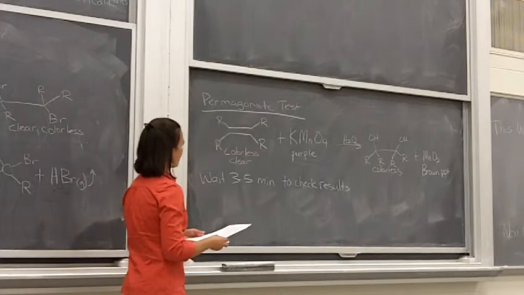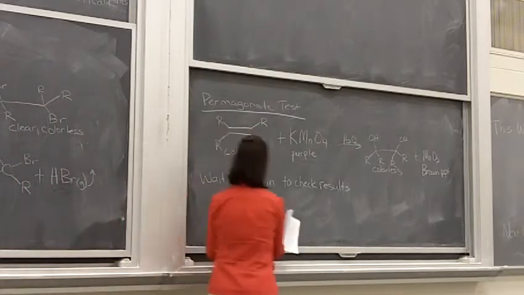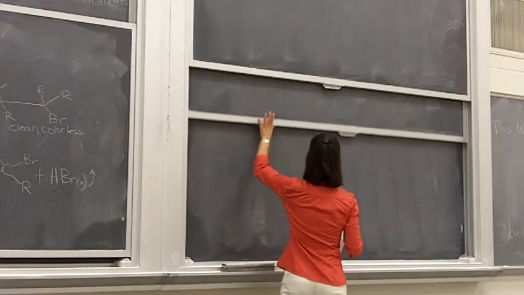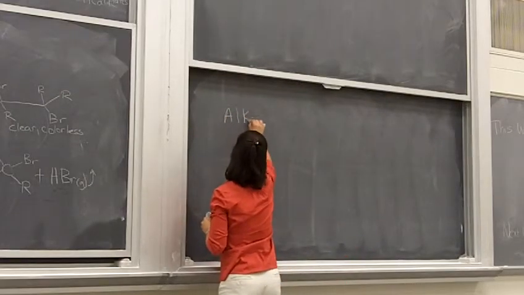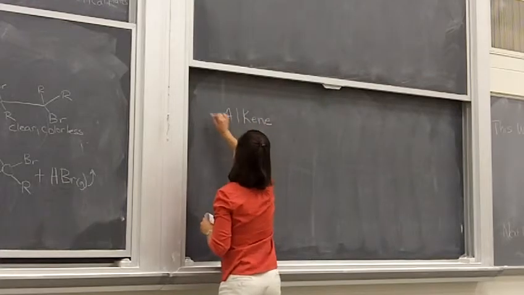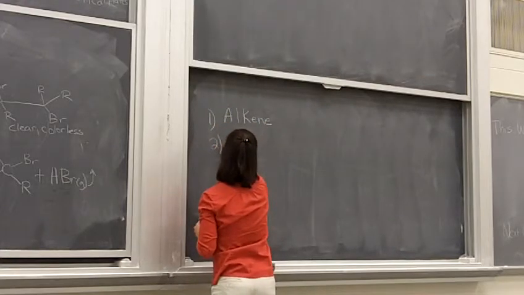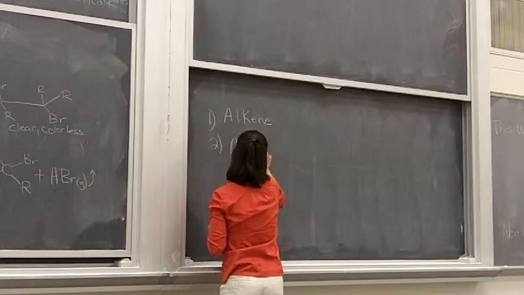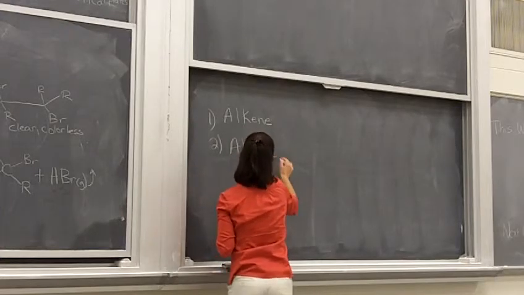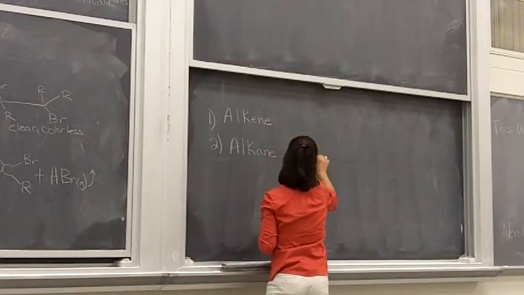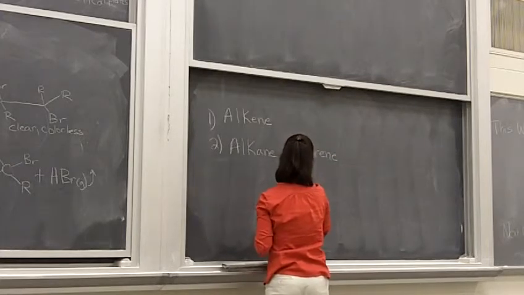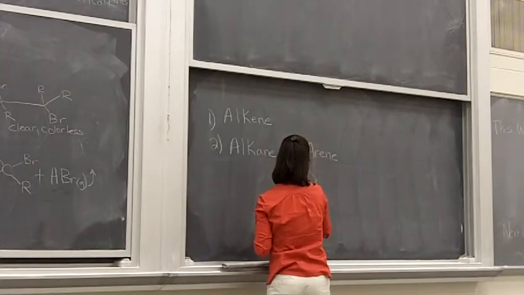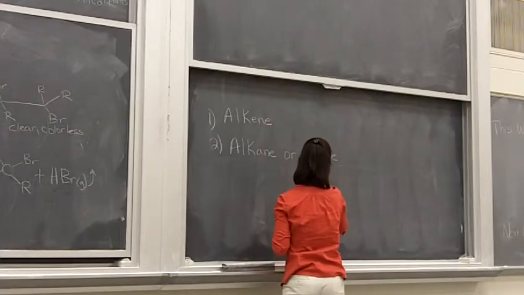And so in our unknowns, one of them will be an alkene. The other one will be an alkane or an arene. Now granted, an arene does have double bonds, but it's not reactive under these test conditions, okay?